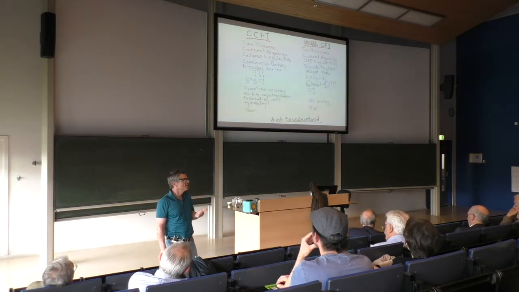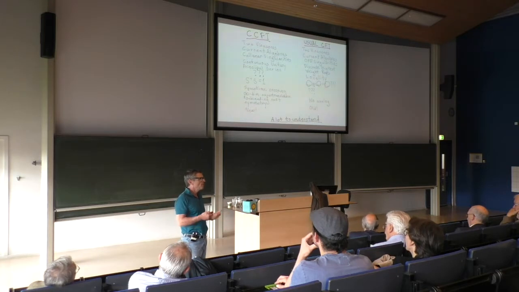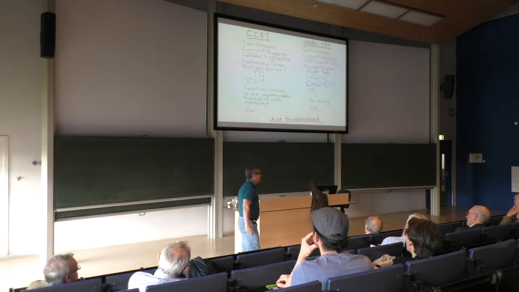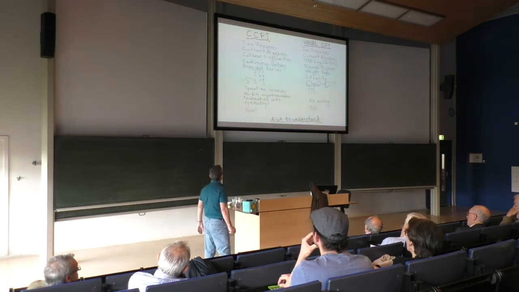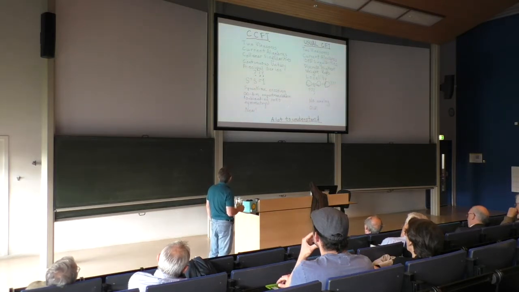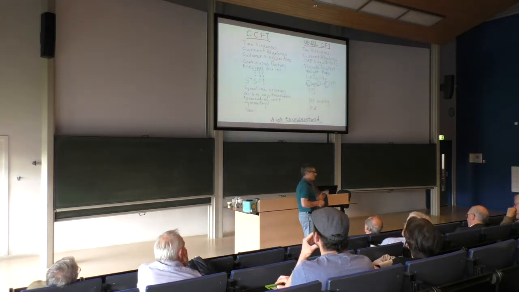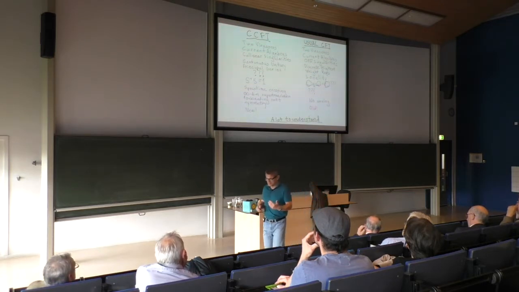And this greatly constrains what kind of behavior the correlation functions can have. These theories, in addition to having the conformal symmetry, which, as I said, is equivalent to the subleading soft theorem, they have an infinite number of other symmetries.